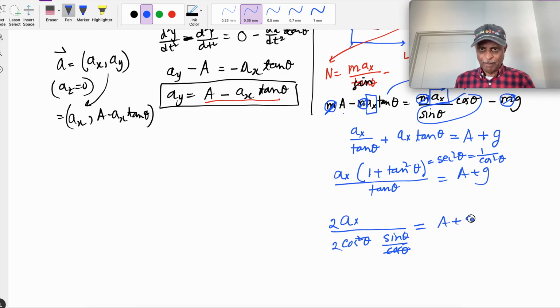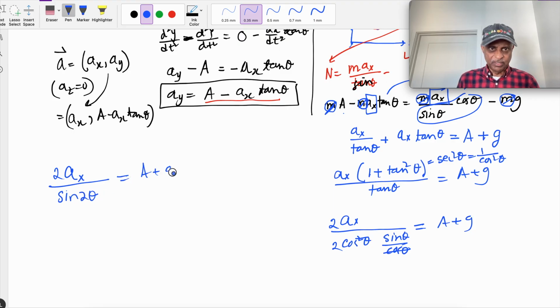So 2 ax over sine 2 theta equals a plus g. So ax is a plus g over 2 times sine 2 theta.